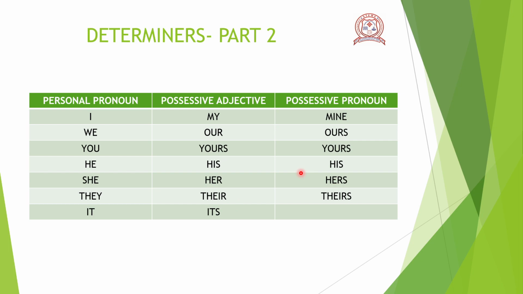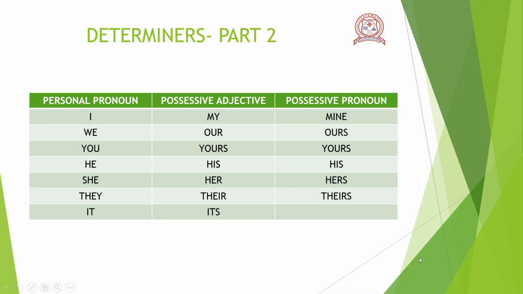And moving on to possessive pronoun, my will turn to mine, our will turn to ours, your will remain as it is, yours, his also will remain as it is, his, her changes to hers, their changes to theirs. So I want you all to write down this table in your notebook. It is good if you write all the contents of each slide in your notebook, because otherwise you will not be able to follow it.